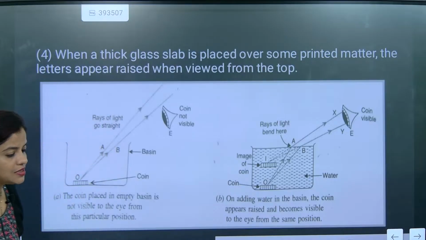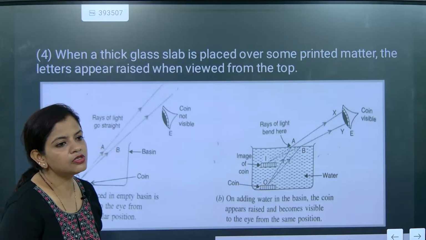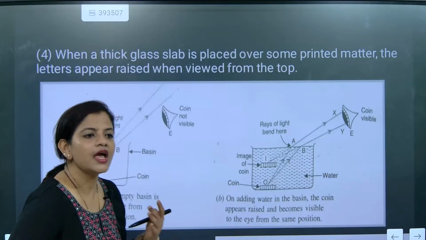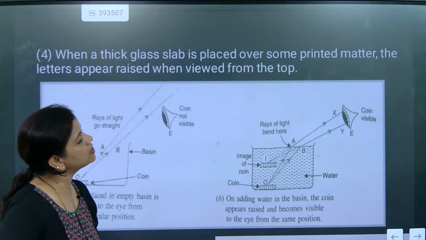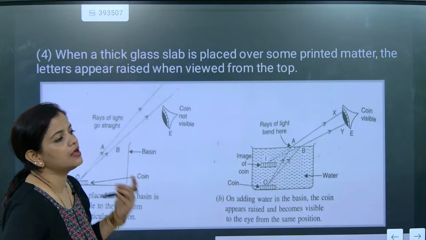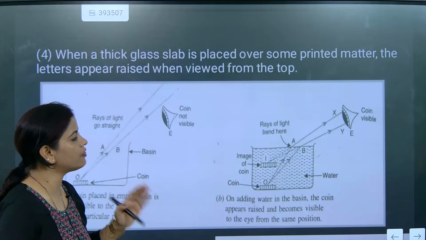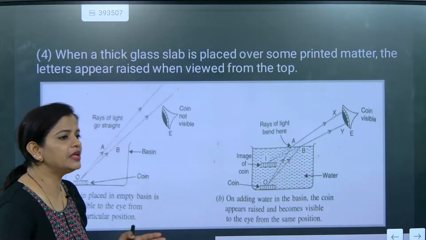You will say the answer is refraction only, because of the difference between the real and the apparent one. When the light ray enters from one medium to another medium, bending will be there.